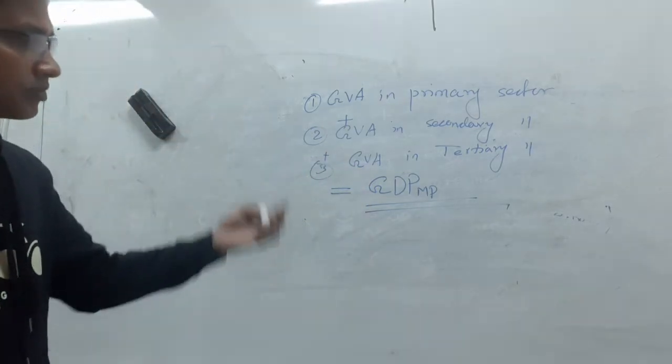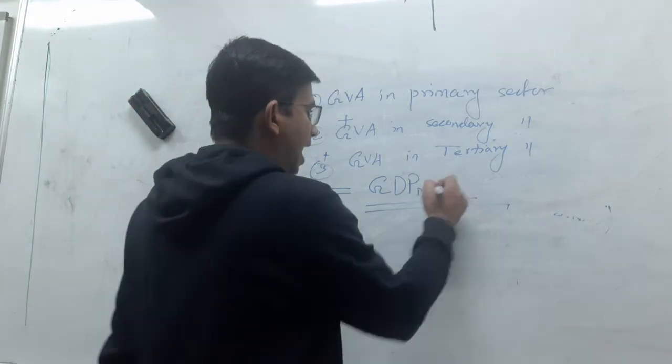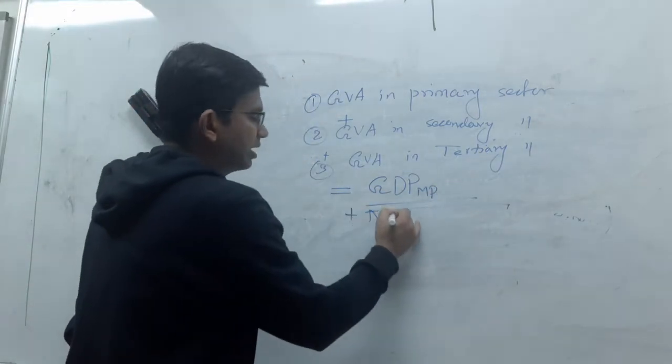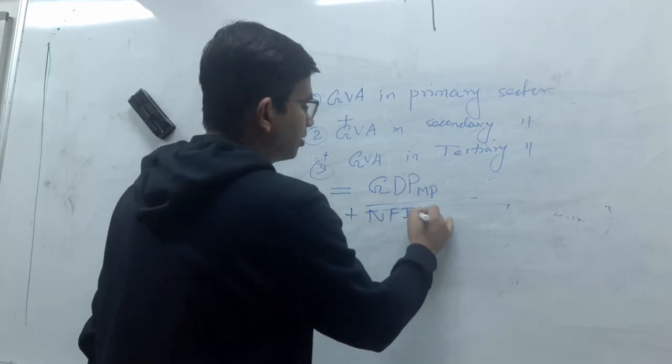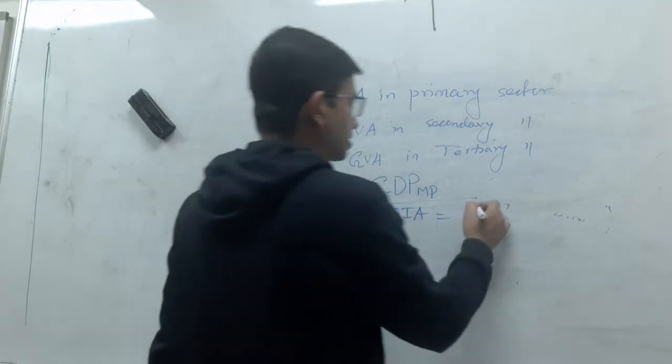And now, in gross domestic product, we have to add net factor income from abroad. From here we will get gross national product at market prices.